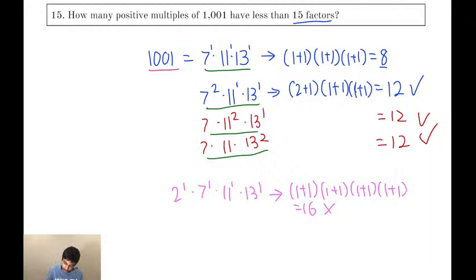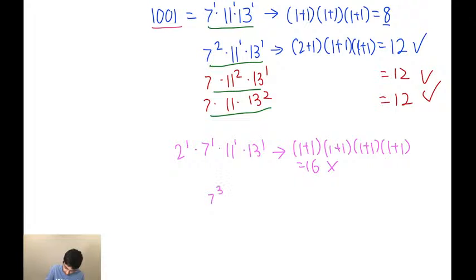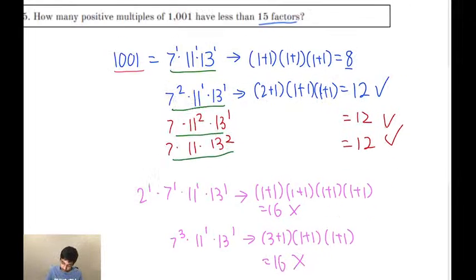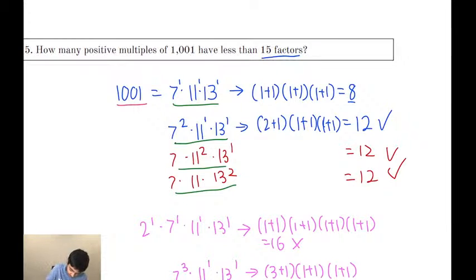Similarly, all other primes don't work. Another case that doesn't work would be, for example, 7 cubed times 11 to the 1 times 13 to the 1. That also won't work because this case would have (3+1)(1+1)(1+1) factors, which is equal to 16. It doesn't work. So clearly, the answer is just 4, because you have 4 possibilities.